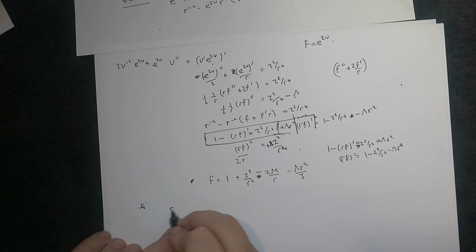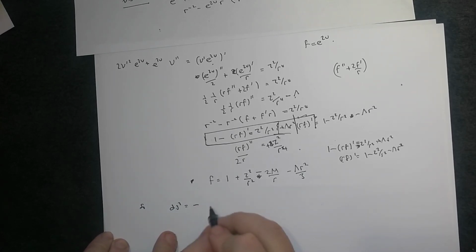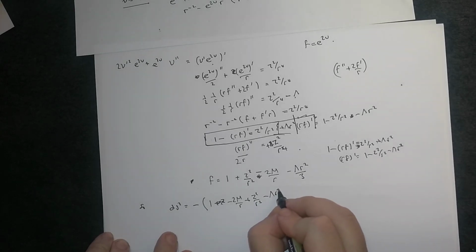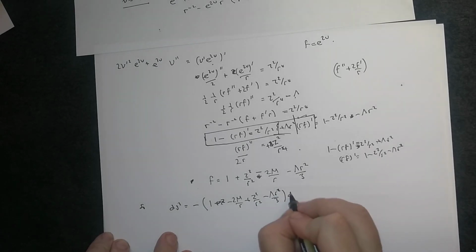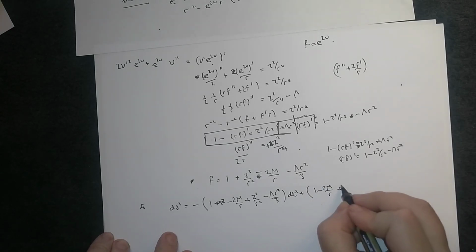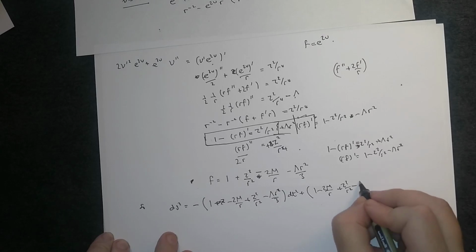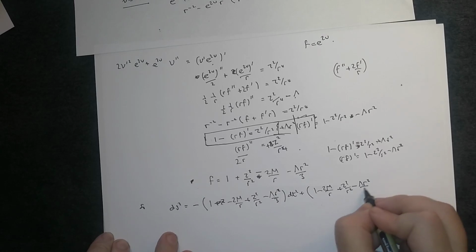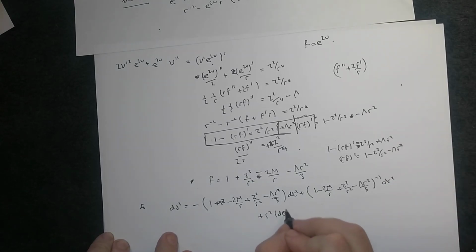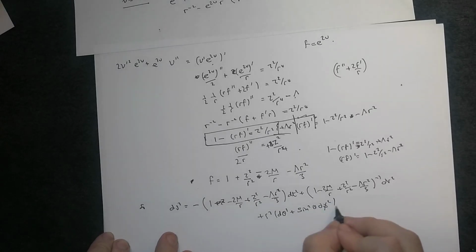So ds squared is minus 1 minus 2m over r plus z squared over r squared minus lambda r squared over 3 dt squared, plus 1 minus 2m over r plus z squared over r squared minus lambda r squared over 3, to the minus 1, dr squared plus r squared d theta squared plus sine squared theta d phi squared.